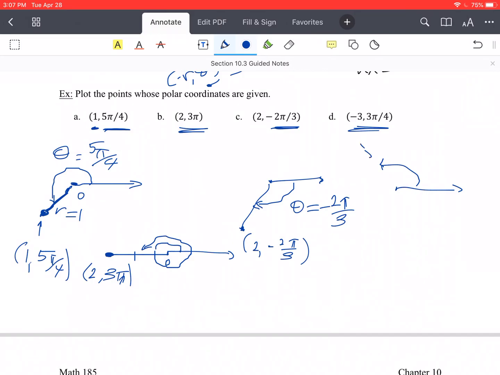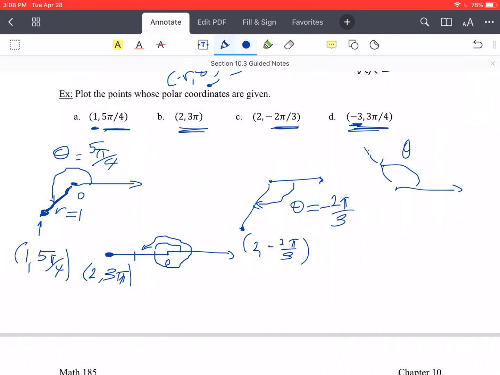Okay, so this would be our polar axis. But because r is negative 3, we actually don't want to be on this positive portion of the axis, right?